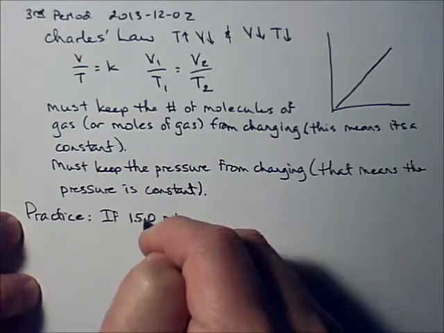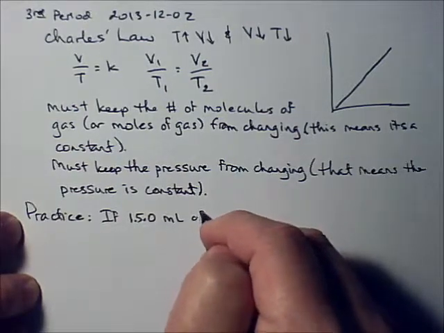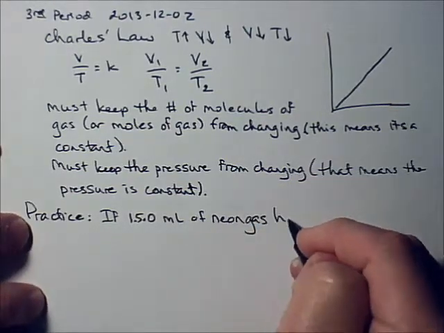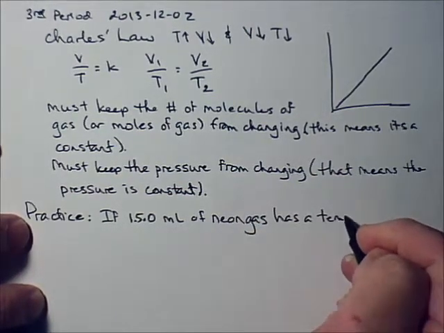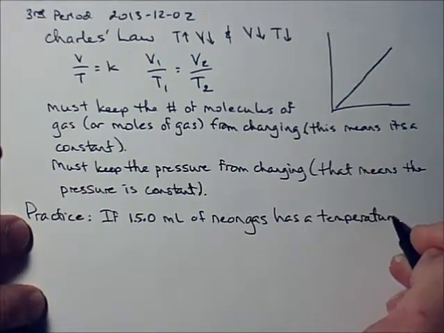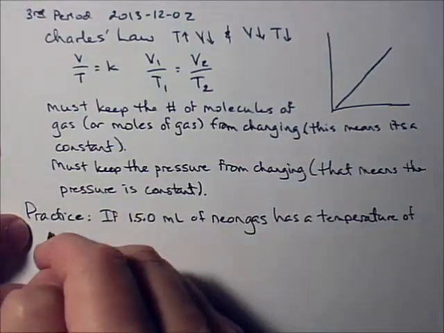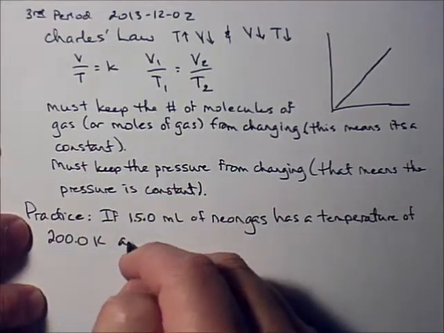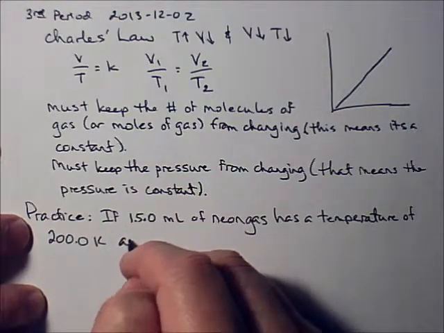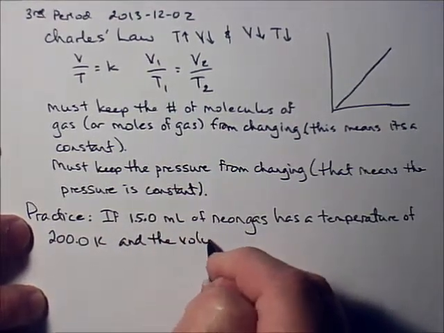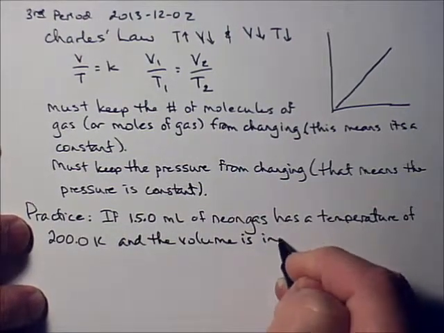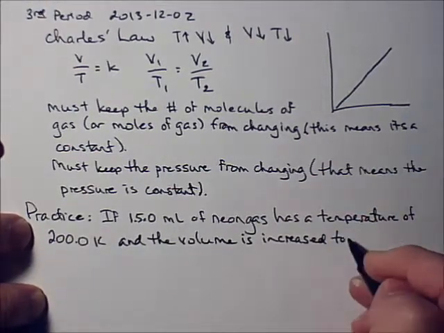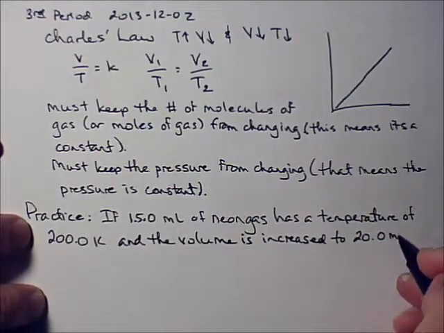We have 15.0 milliliters of neon gas. It has a temperature of 200.0 K, and the volume is increased to, let's say, 20 milliliters.